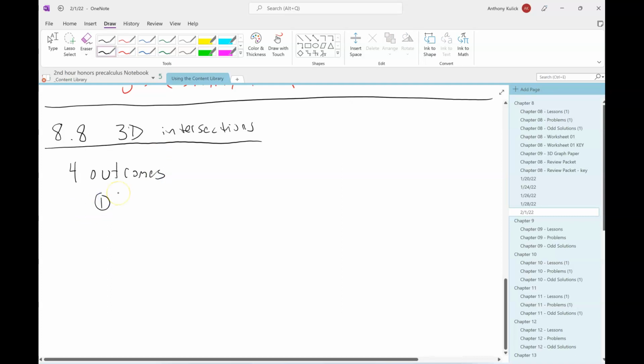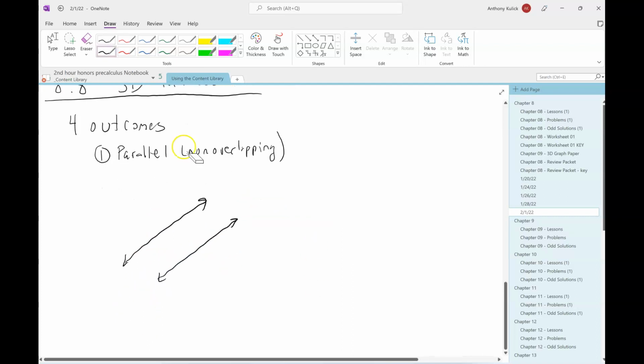The first thing is that the lines can be parallel and non-intersecting, or non-overlapping. So imagine the lines are in the same plane. Basically this.